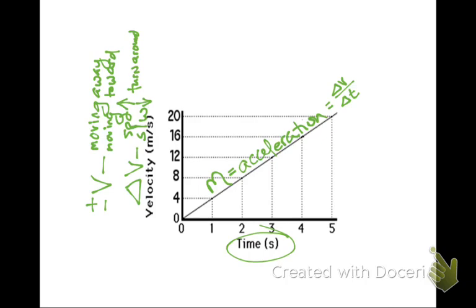So we can tell how fast by looking at the y-axis. We can tell which way. We can tell if it's changing, and we can tell how far.